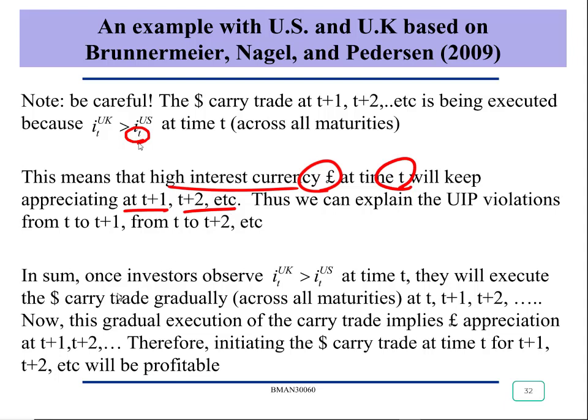In sum, once investors, speculators observe higher interest rate in UK at time t, they will execute dollar carry trade strategy only gradually at t, t+1, t+2. Now this gradual execution of the dollar carry trade implies pound appreciation at t+1, t+2.